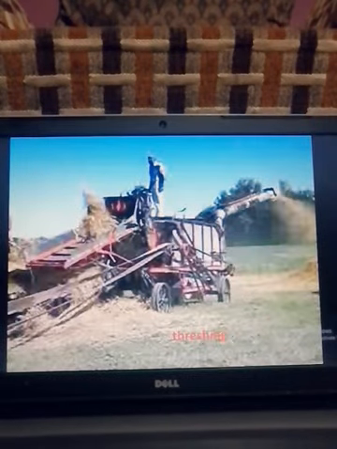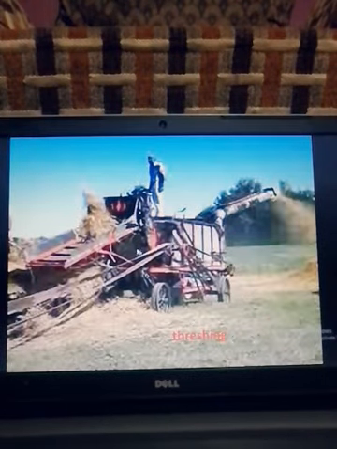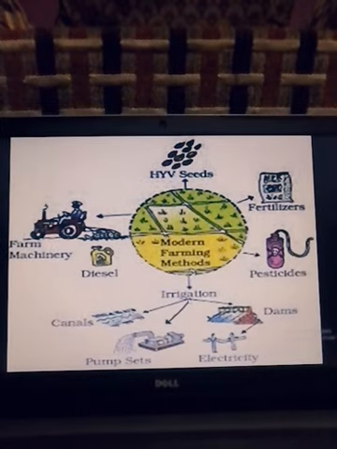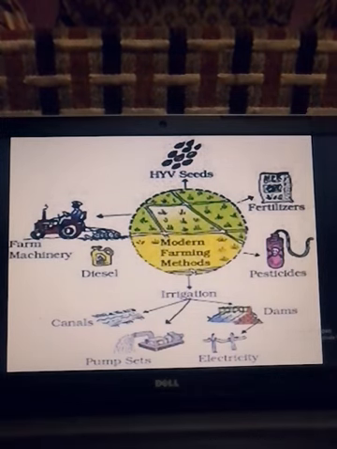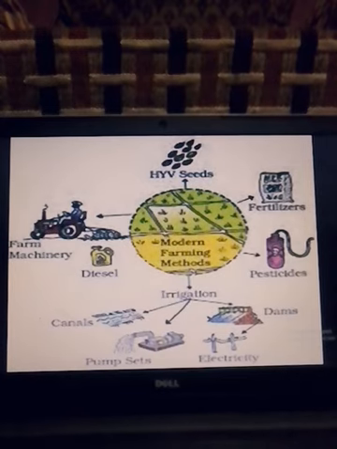You see here, there is a threshing machine. You can see how the useful grain has been separated from the unwanted weeds. This is a machine for threshing, for removing the crops which are grown. And then you can see here what modern method farming involves. Here are HYV seeds, pesticides, fertilizers, and farm machinery, where a tractor is used and diesel is required for it.